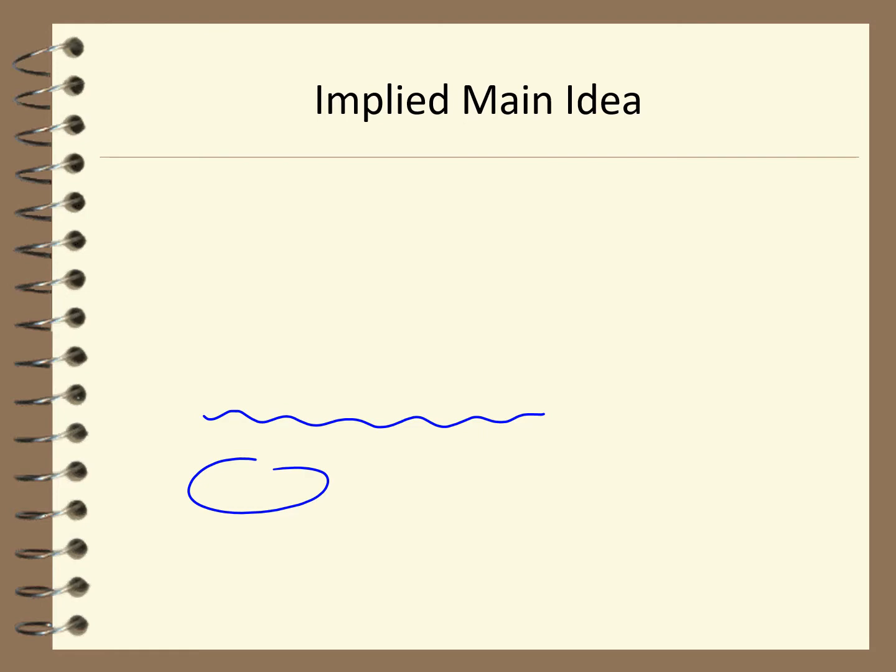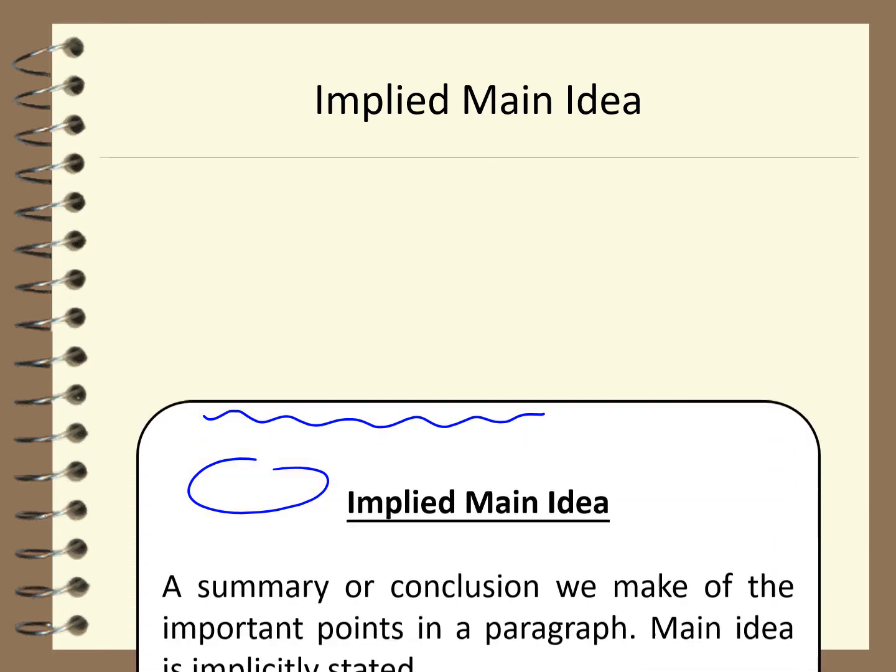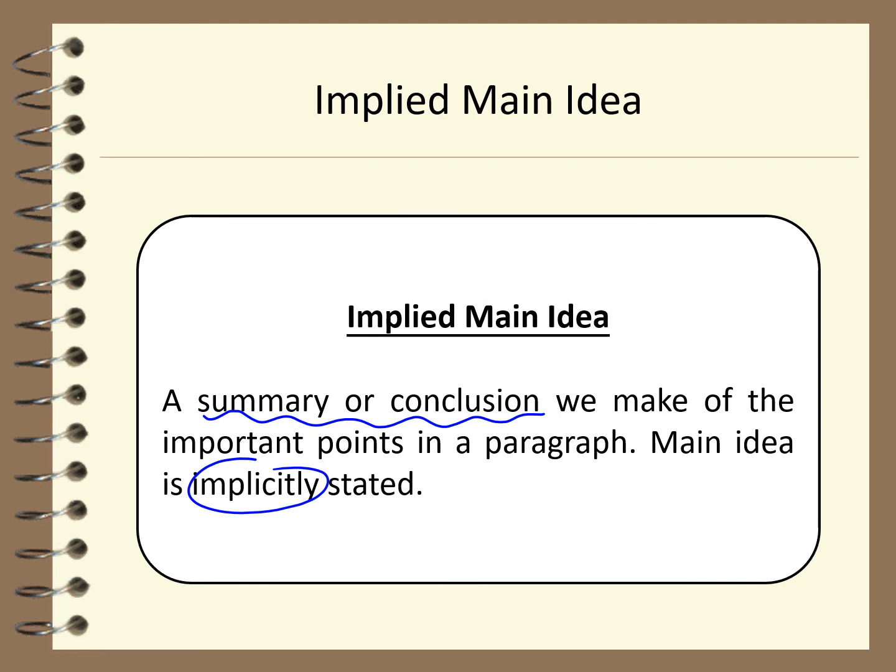All right, let's move on to implied main idea. This is the second type of main idea. Now, remember just now when we talked about topic sentence, it is referring to a sentence that is explicitly stated in the paragraph. It is clearly stated. The main idea is there. What you need to do is simply find that main idea or sentence. For implied main idea, it is implicitly stated.